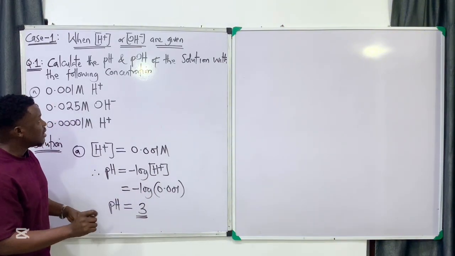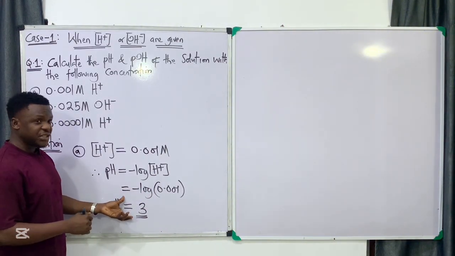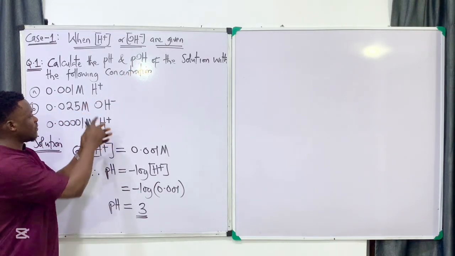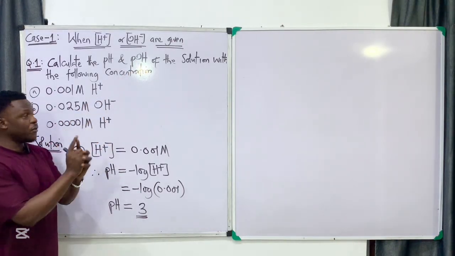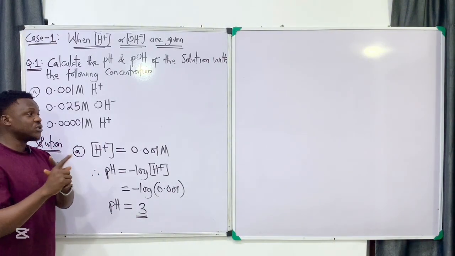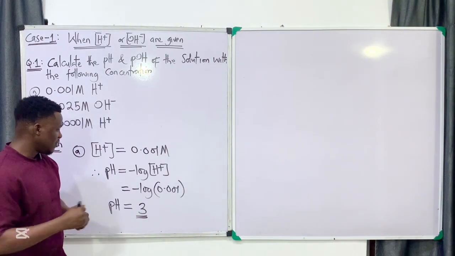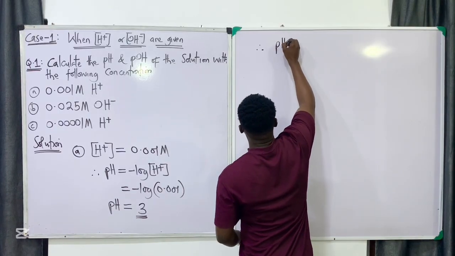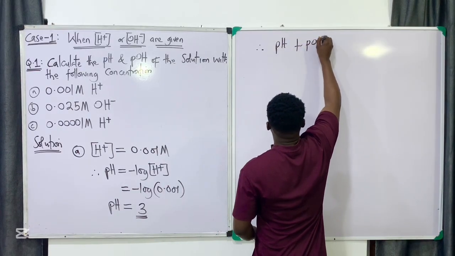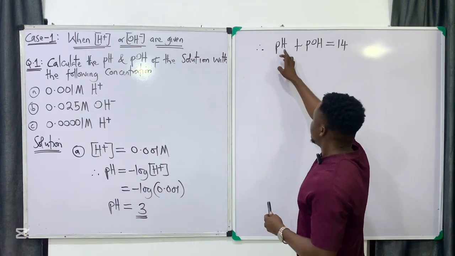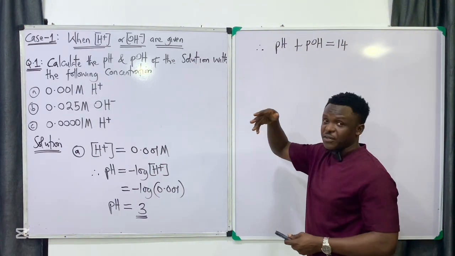After which, I will now use the relationship between pH and pOH to get my pOH. If I want to solve for the second one, I'll first of all solve for pOH because what they gave me is OH minus, after which I'll use the relationship to find the pH. So therefore, the relationship between pH and pOH is equal to 14, which means if I know any one of them, I can solve for the other one.